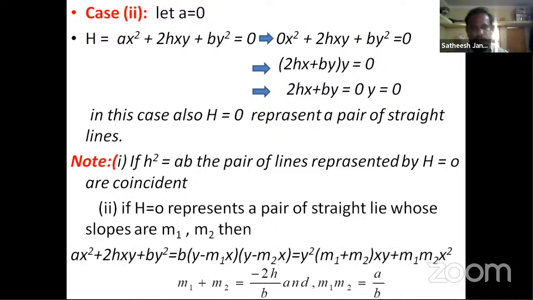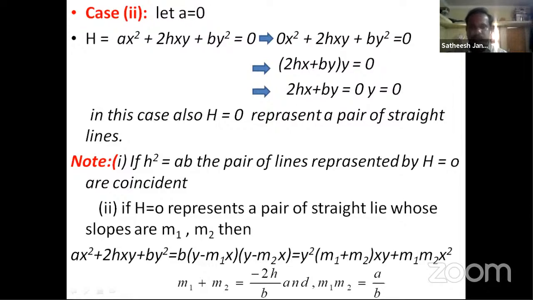And also, if h is equal to 0 represents a pair of straight lines whose slopes are m1, m2, then observe the product: ax square plus 2hxy plus by square is equal to b into (y minus m1x) into (y minus m2x).